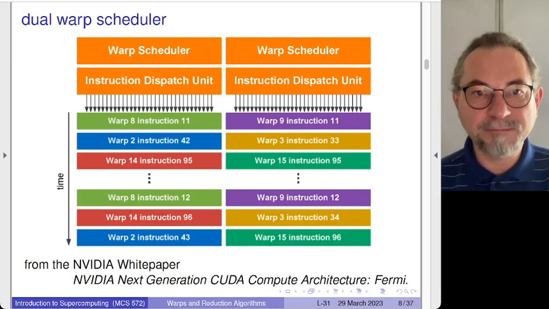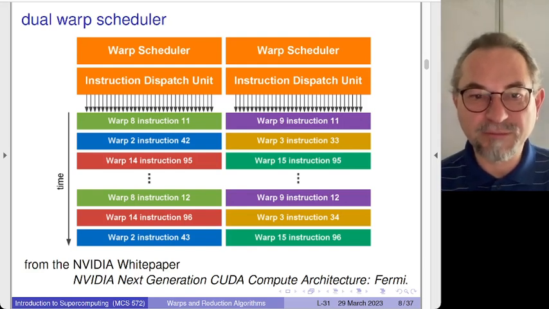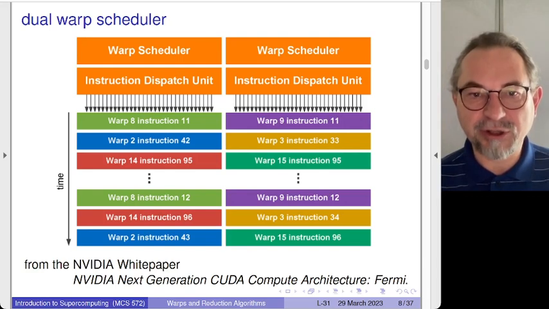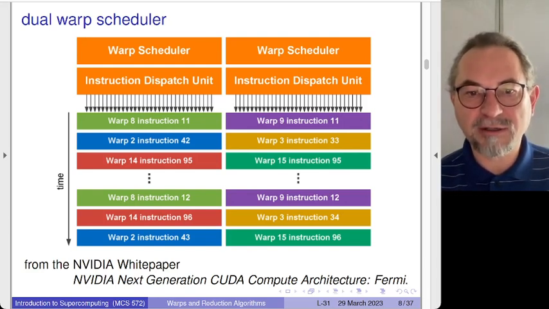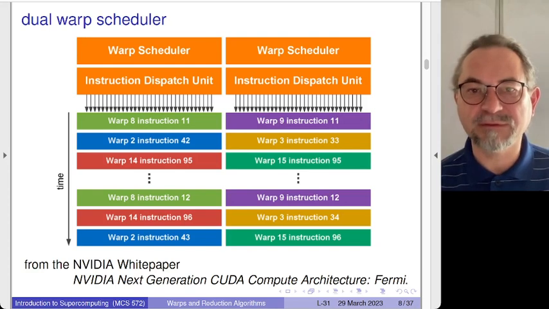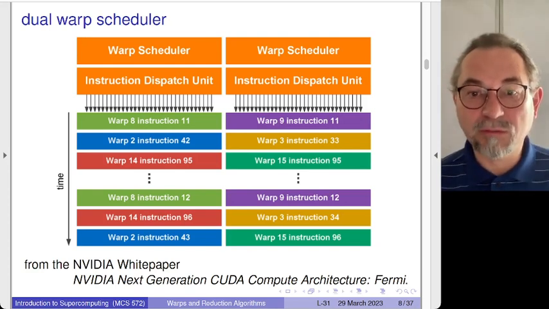Okay, here is a picture that I stole from the NVIDIA white paper. So there is the out of order, or rather in sequence. You can see that the instructions are in order, in the sense that instruction 42 is not executed before instruction 11. So there is the dual warp scheduler.